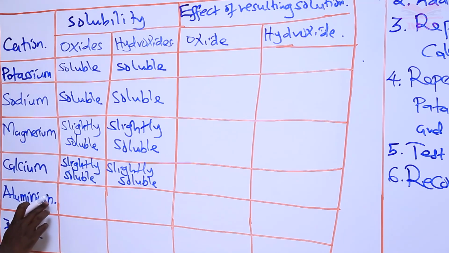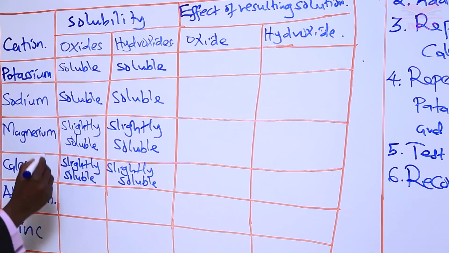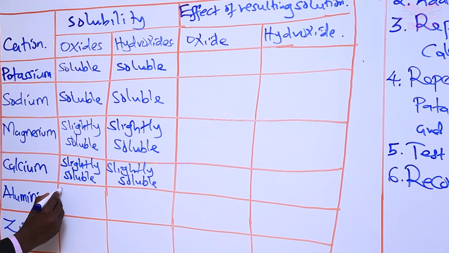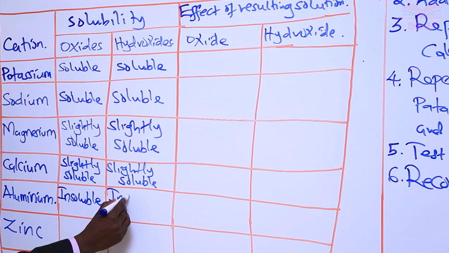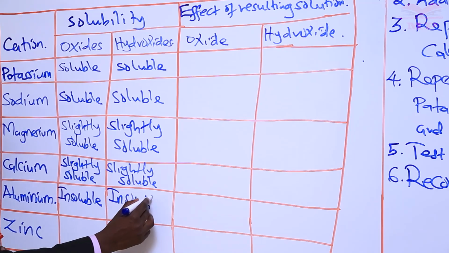Come to aluminium oxide and aluminium hydroxide. We need to know that the oxide of aluminium and the hydroxide of aluminium, the two are insoluble in water. Therefore, our observation is it's insoluble. This one is also insoluble in water.